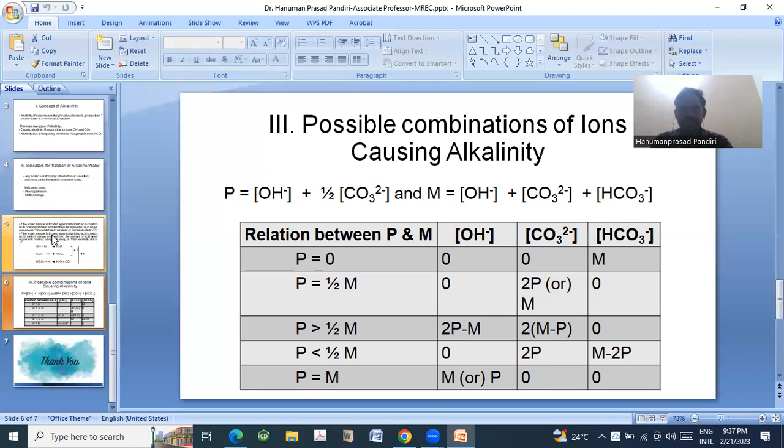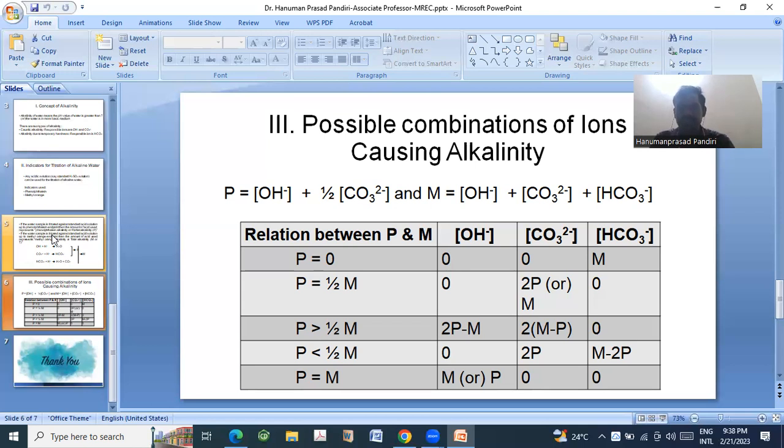So P will become half CO3 2 minus concentration and M will become CO3 2 minus concentration plus HCO3 minus concentration. Now it is clear that P is less than half M because half M will become half CO3 2 minus concentration plus half HCO3 minus concentration. But P is only half CO3 2 minus concentration. Since half M has an excess of half HCO3 minus concentration, here P is less than half M. As I told in this relation, OH minus concentration is 0.